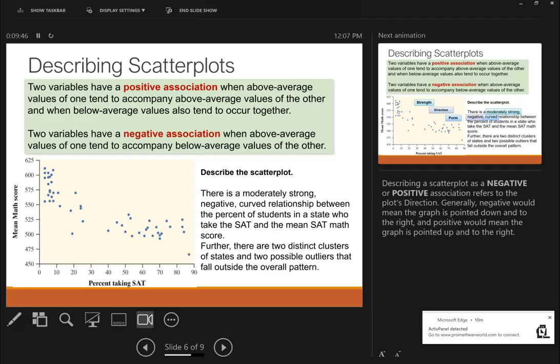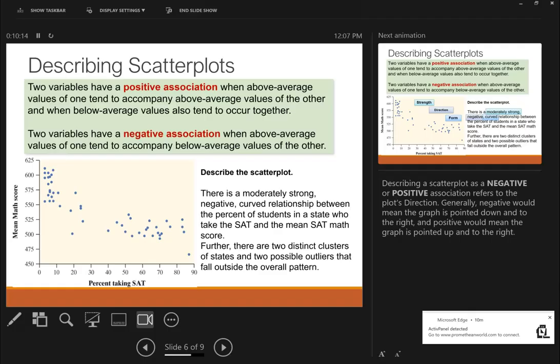When we talk about strength of the relationship, you have 4 answers. Well, maybe 5. But you'd say strong, moderately strong, weak, moderately weak, and maybe in a rare instance, no association. Those are your 5 ways that you could answer the strength of the relationship.